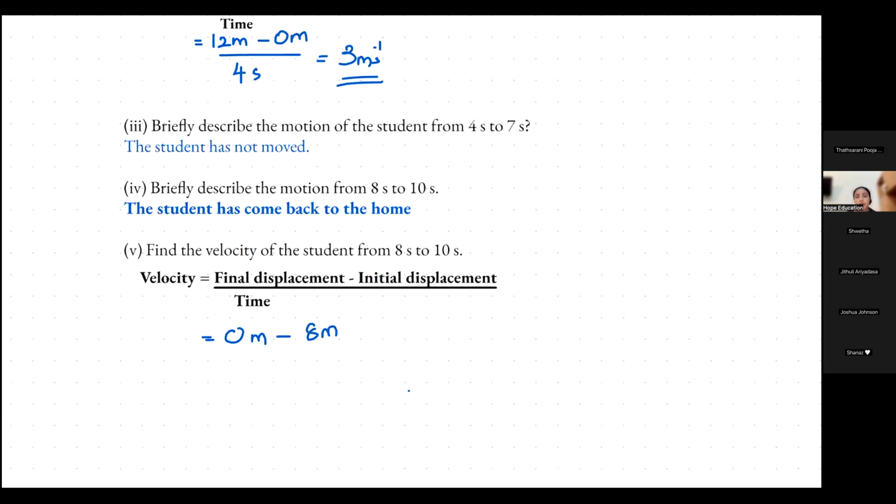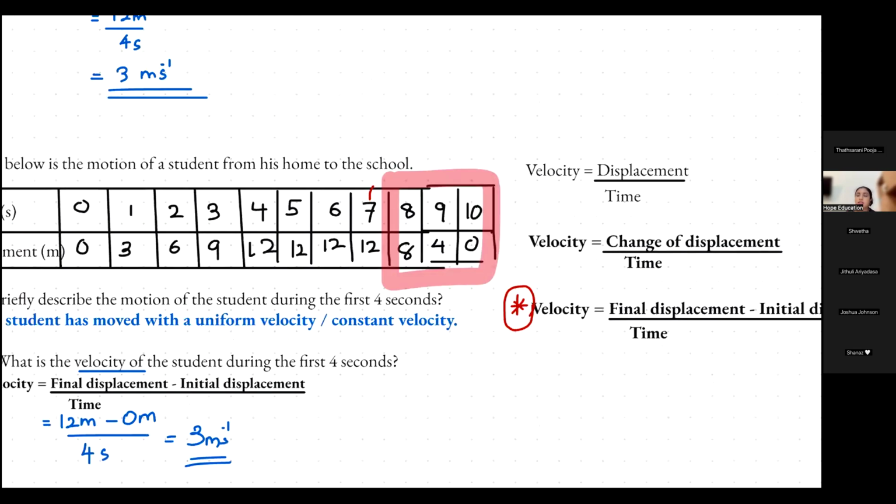Divided by time. How much time has it taken for this part only, the squared part only? Not 8 seconds.